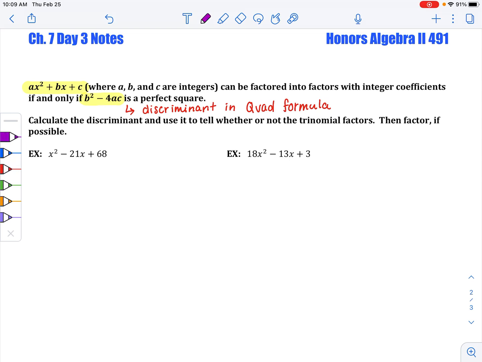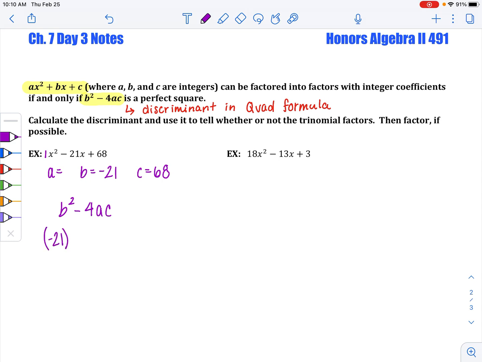Let's try it. Looking at the first example, imaginary a value is just 1, right? There's no number there. You can always put a 1. So a is 1, b is negative 21, c is 68, and we're just going to plug into the formula. B squared minus 4ac.